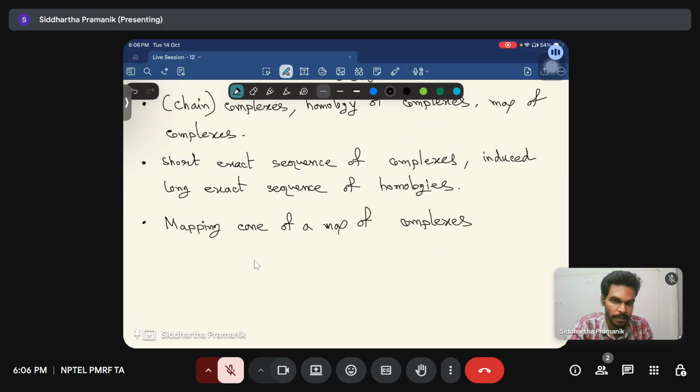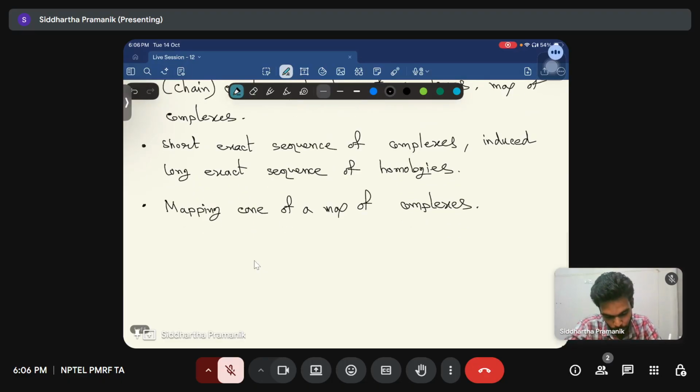In this case we have a special type of short exact sequence of complexes which involves this mapping cone, and from that we also get the long exact sequence of homologies. That part we have already seen.